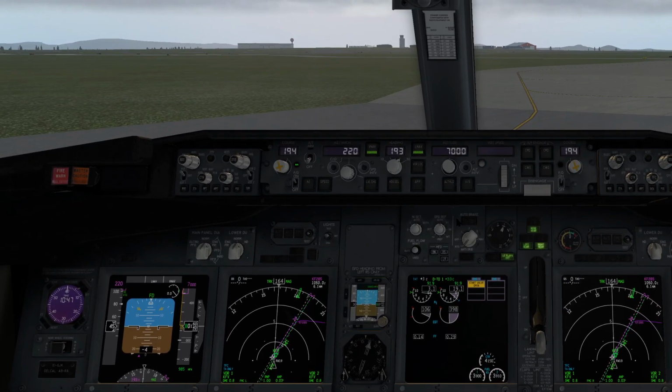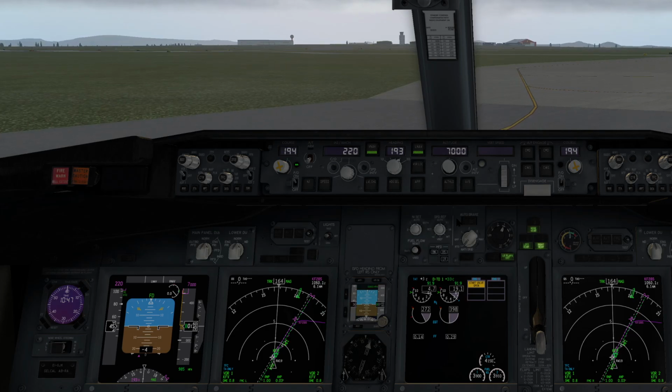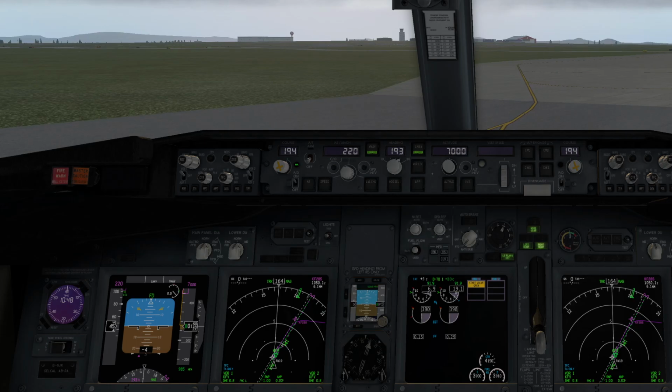EGT is increasing. Okay, start valve closed. Good start on engine number 1.